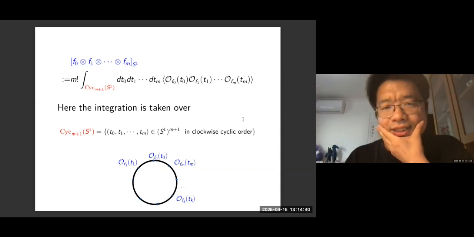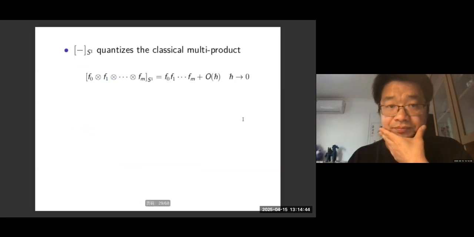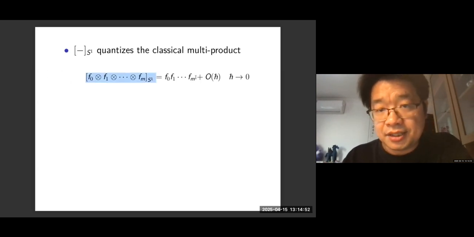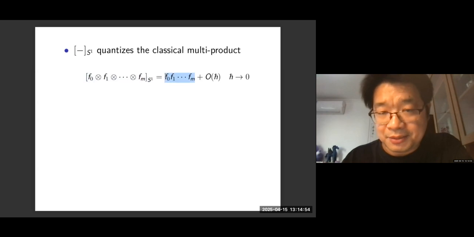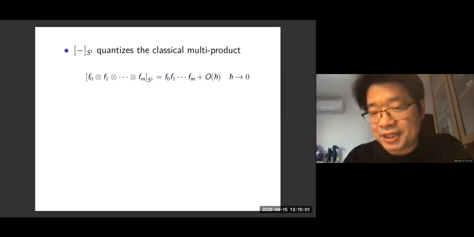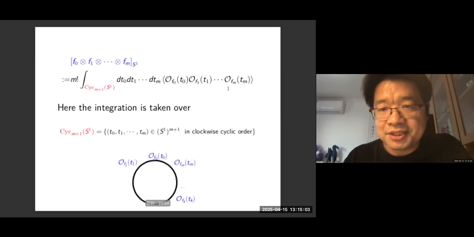So let's take a look at this definition. Basically, you can show first that the classical limit of this S1 quantum product is precisely the elementary multiplication of these functions. This is just because in the classical limit there's no correlation.